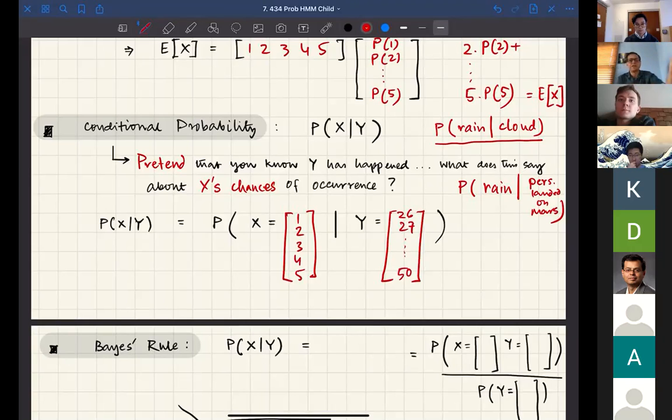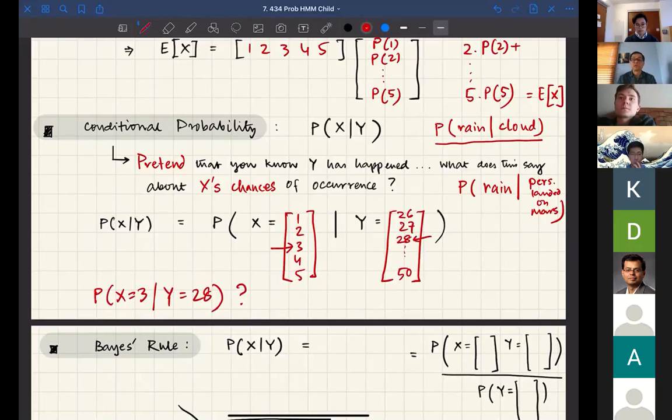Y can take a bunch of values, X can take a bunch of values. And you could ask this question, what is the probability X equals 3 given Y equals 28? This is something people can ask you. You want to know what is X equals 3 given that Y equals 28.